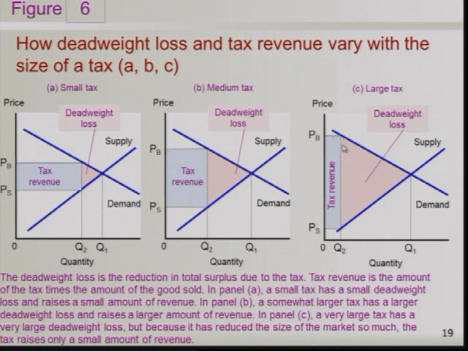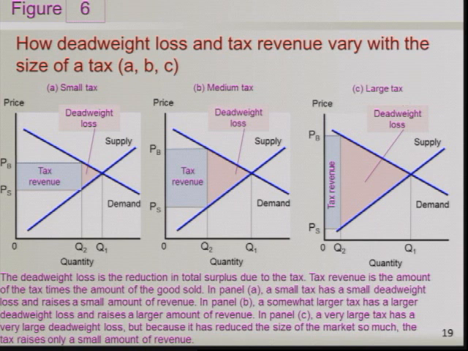Yeah, it's taller, but if you take the area of it, it's actually going to be less than this one. And look at the deadweight loss. What's happening to deadweight loss every time, these pink triangles? Getting bigger every time, but the tax revenue gets bigger and then it gets smaller again as we move from a small to a large tax.